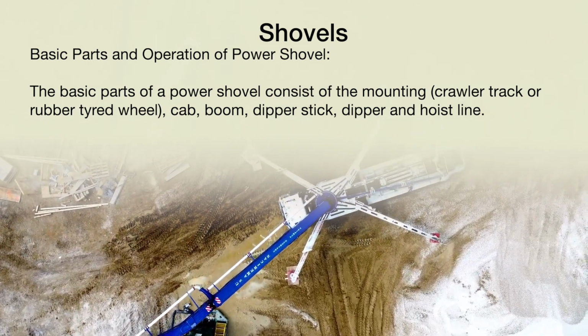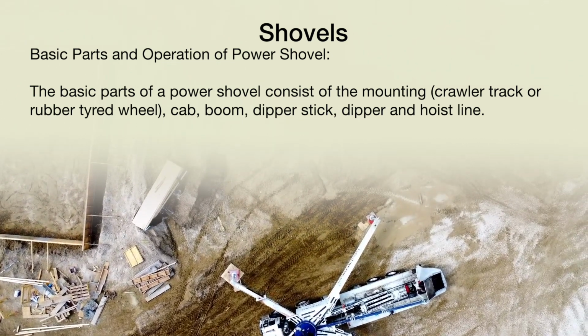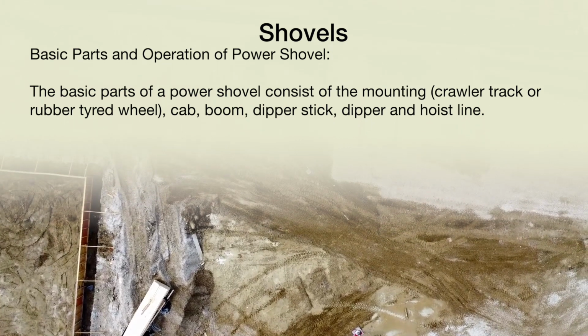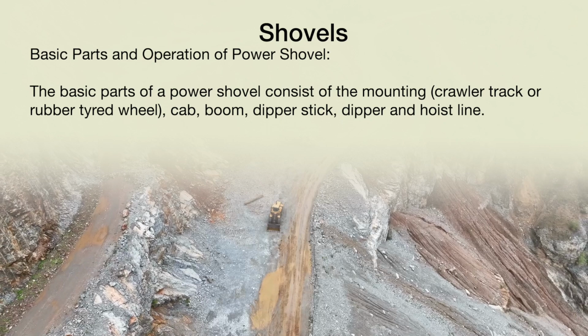The basic parts of a power shovel consist of the mounting, crawler track or rubber tire wheel, cab, boom, dipper stick, dipper and hose line. You can see in the figure where the dipper, stick, cab, crawler, mounting head and center of rotation are.